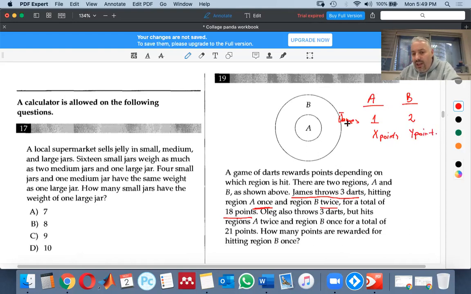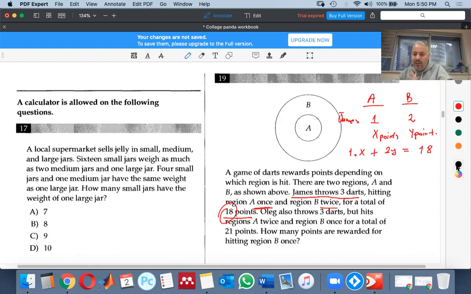So if he got just one hit in region A, and region A gives X points, I will have 1 times X. And if he got 2 hits in B, and each of them is Y points, that means 2 times Y. And it says he got 18 in total, so it must be 18.